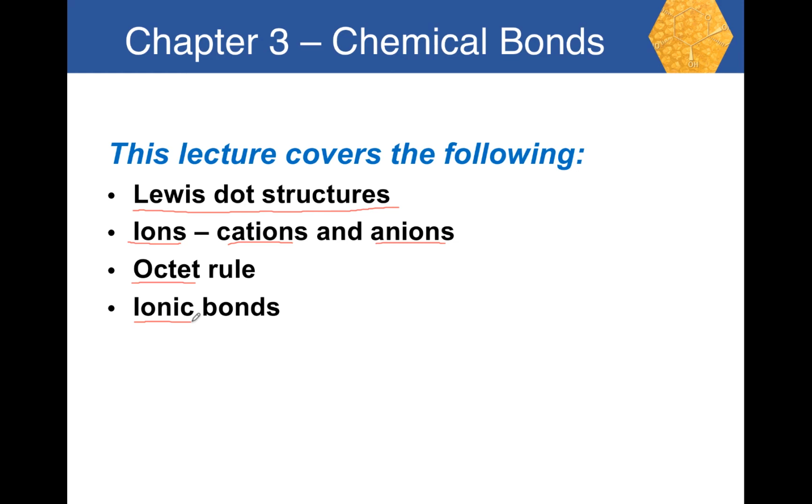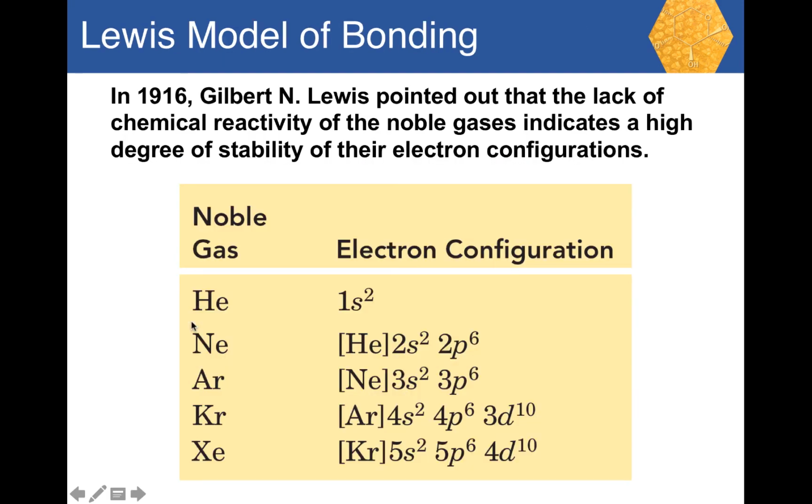We'll discover that there are two types of bonds that make molecules or attract atoms together to form molecules, and the ionic bond is one. The other one is, of course, the covalent, but in this lecture we will cover the ionic bond. Okay, so let us start.